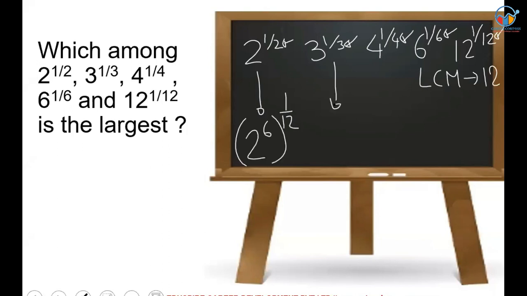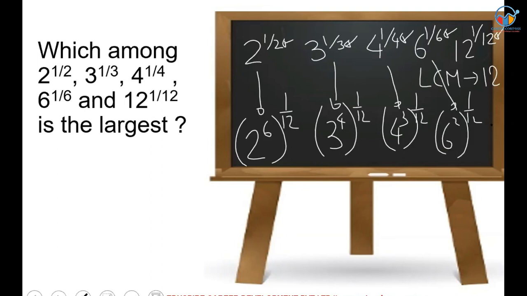I can write this as 3 to the power 4 whole to the power 1 upon 12. I can write this as 4 cube whole to the power 1 upon 12. I can write this as 6 square to the power 1 by 12. And this is of course 12 to the power 1 by 12.